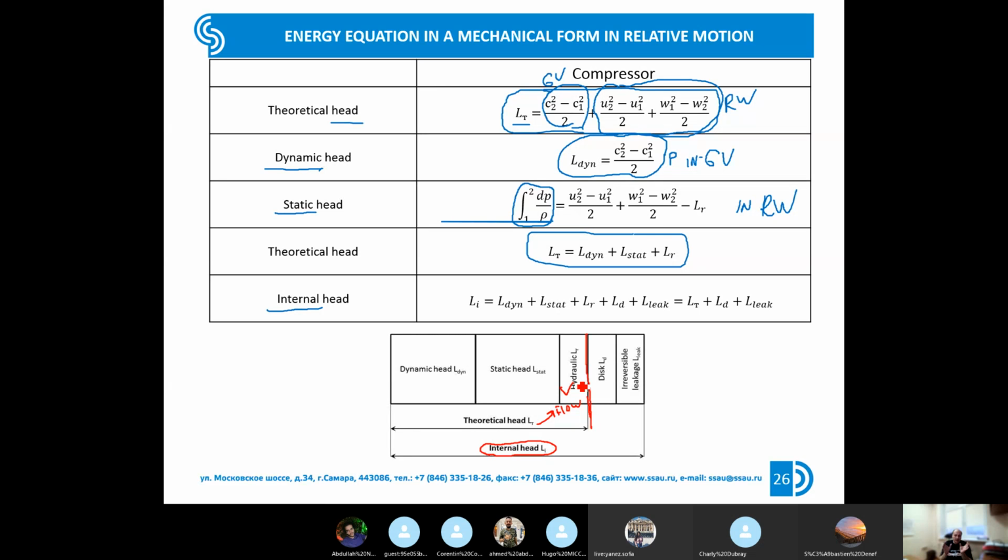The energy which you do not lose to overcome losses is spent on changing the kinetic energy of the flow, in other words, on creating the dynamic head, and on changing the potential energy of the flow, in other words, on creating the static head. The same analysis we could perform for the turbine.